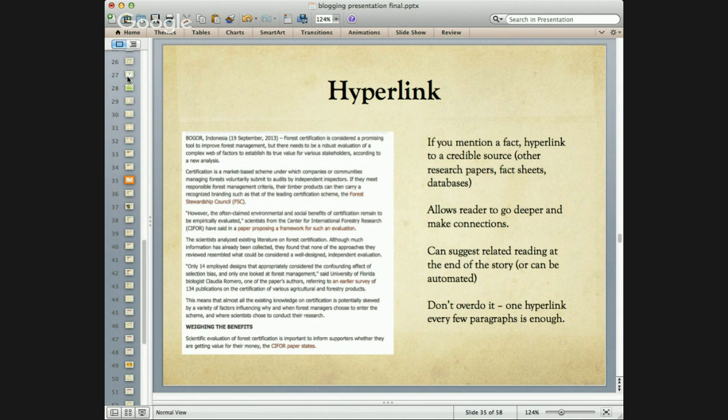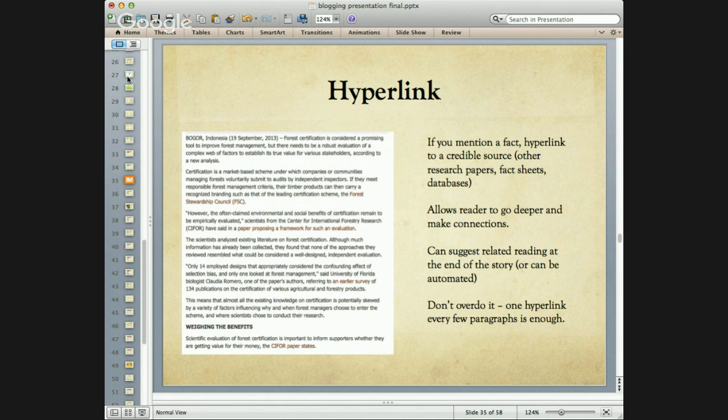And by connecting to those papers or to those different facts, you're allowing a reader to make connections between different bits of data. And I think from a philosophical perspective, that's really important that we increase that. And hopefully that increases the science literacy of people by being able to read and digest those bits of information.